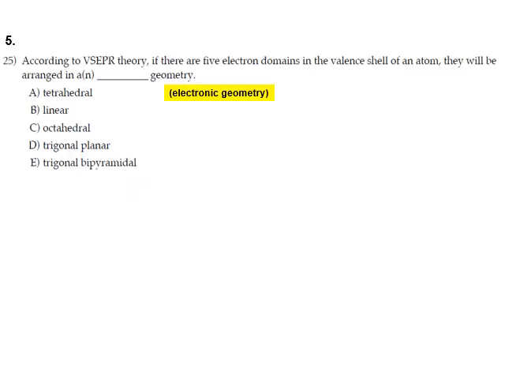According to the VSEPR theory, if there are 5 electron domains in the valence shell, they will be arranged in... So 4 was tetrahedral. What about 5? Can you remember what 5 was? 5 is trigonal bipyramidal, right? So TP.